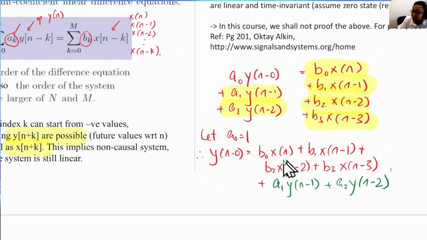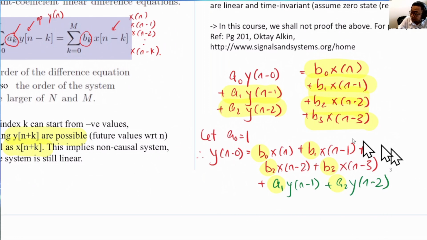So what we have is y[n], so we can ignore the 0, so it's y[n] equals some summation of x[n] and its past values, and some summation of y[n] and its past values, multiplied by a's for y and b's for x. It's constant coefficients because all these coefficients multiplying the x and y are constant. So it's constant coefficient, and this is a difference equation because the b's can make it plus or minus.